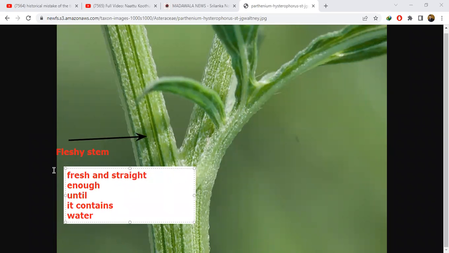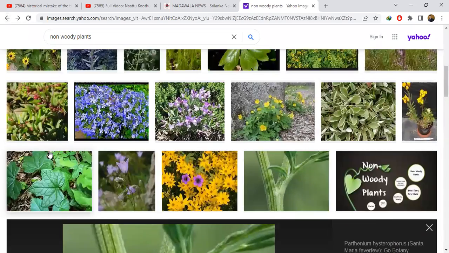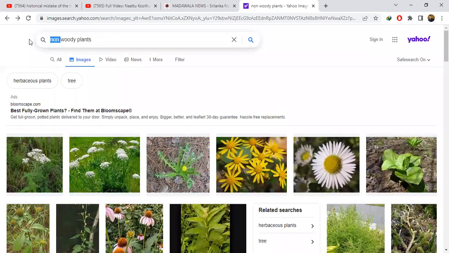If water is not there, say you are not watering the plant, what will happen? Its freshness will go, its straightness will go, then the plant can't stay straight. Understood? Yes, sir. That is the nature of non-woody plants.